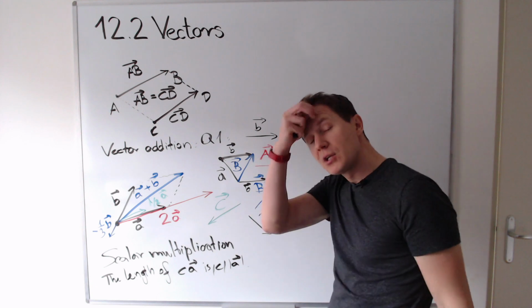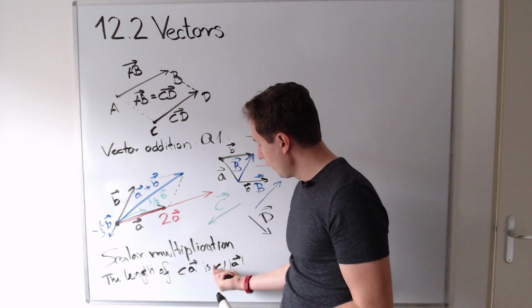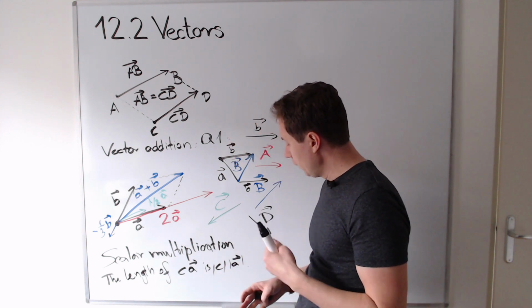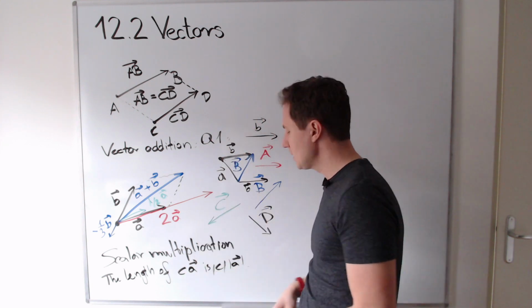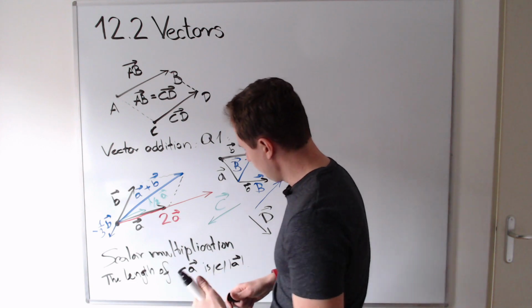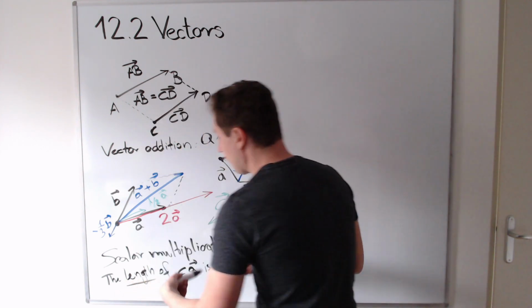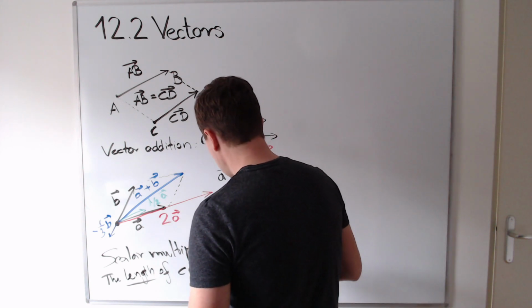The direction of c times a will depend on the sign of the number c. If c is positive, then c times a points in the same direction as a. If c is negative, it points in the opposite direction as a. And the length of a vector is of course just the distance between the initial and end point.